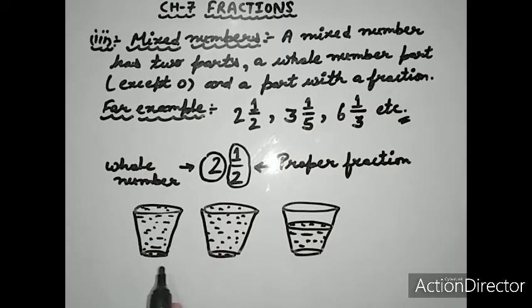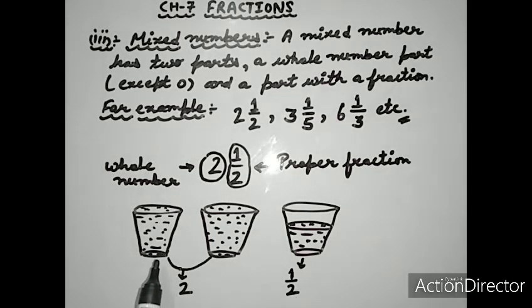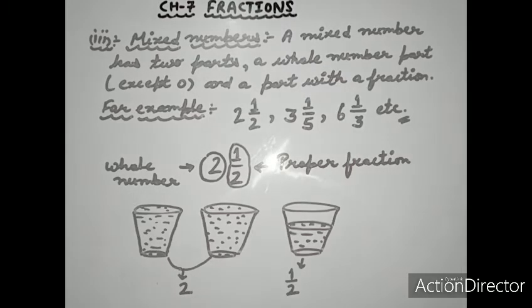So here we get two whole from here, 2 whole, and from here we get a half. So we say that there are a total of two glasses full of juice and one half glass. So 2 whole and a half. So 2 whole 1 upon 2.